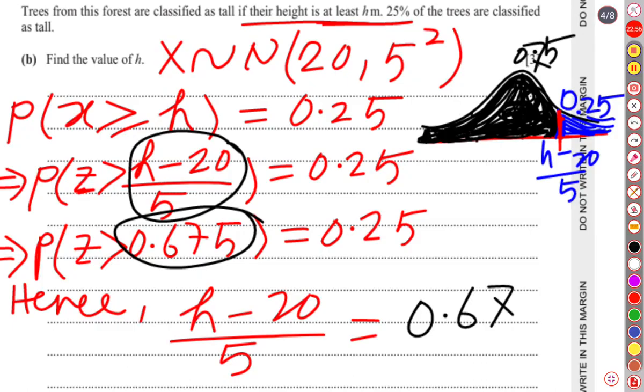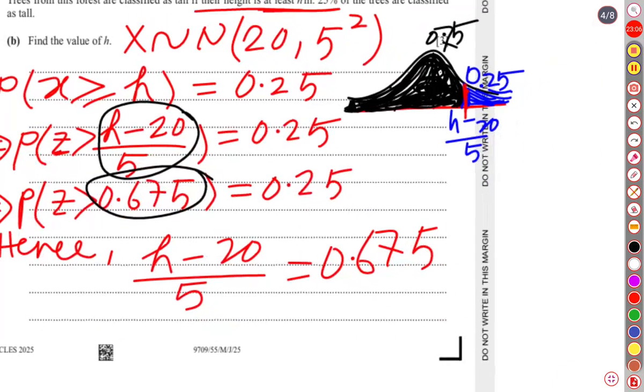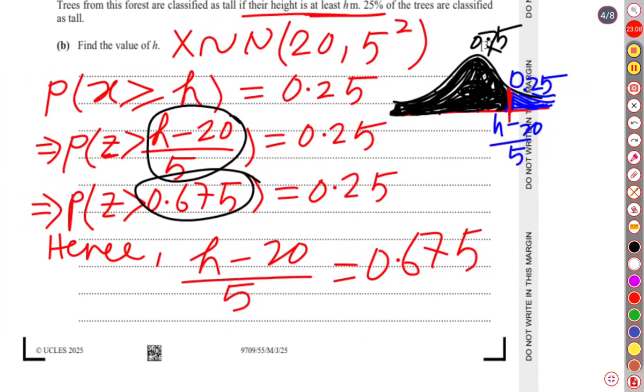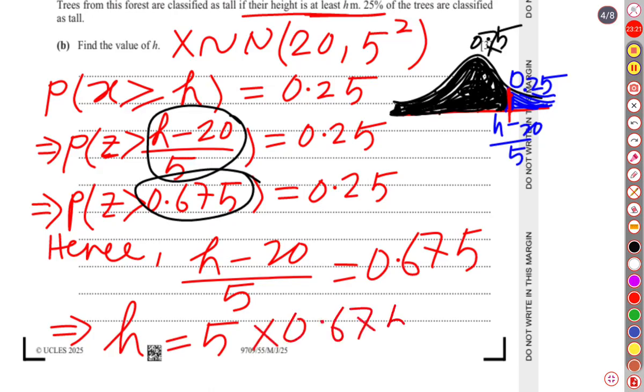No, I will have to change the ink. 0.675. After that, what we will do is h is equal to 5 into 0.675, and if we transpose 20 to the other side, it is going to be plus 20.